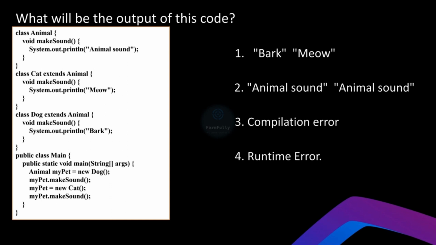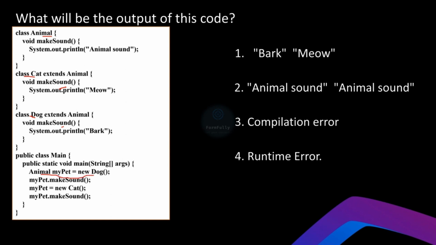Here in the code, we have a class hierarchy with the Animal class as the superclass and two subclasses, Cat and Dog. Each of these subclasses has their own implementation of the makeSound method. The main method demonstrates polymorphism by creating an Animal reference that is initially assigned a Dog object and then a Cat object.